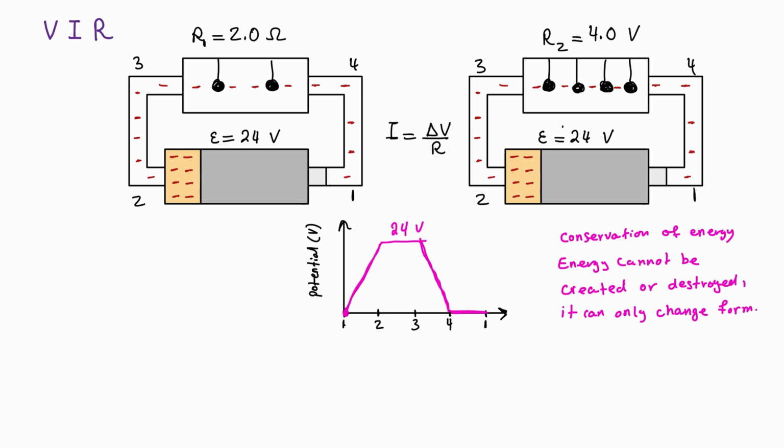Now going back to what we were talking about in terms of the energy here, in this circuit as well as this one, the energy transfer doesn't change because as the charges are coming in, they gain a potential to do 24 volts or 24 joules for every charge. Same energy, 24, they're not bumping into anything, but as soon as they get here, they start bumping into things.